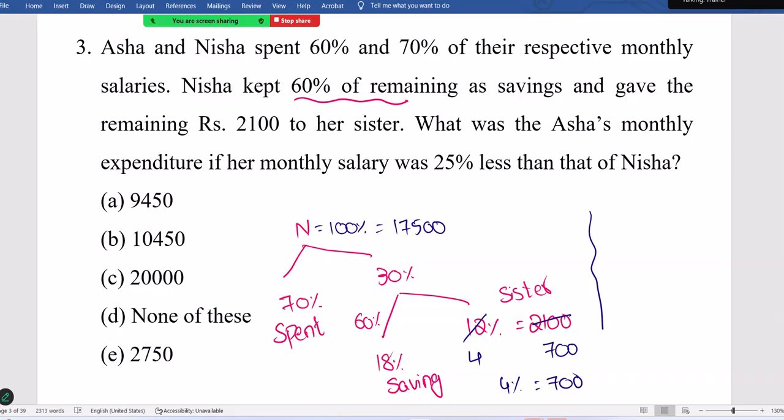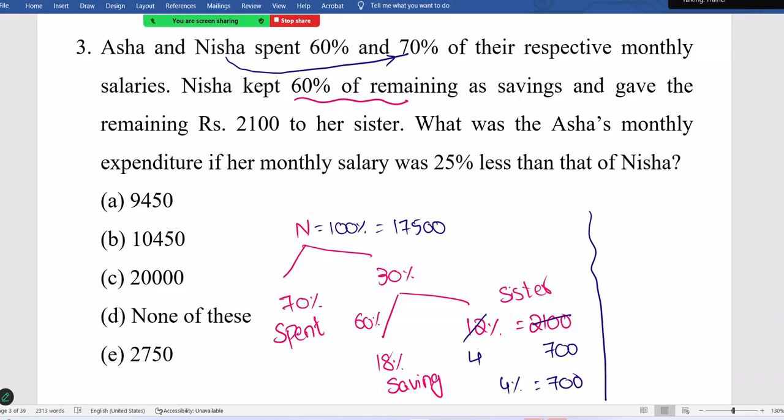So Nisha's salary is 17,500. I believe people understand so far. Nisha spent 70% of her monthly salary. Remaining is 30%. Among that, 60% means 18% for savings. Remaining 12%, 2100, is given to the sister. So Nisha's salary is 17,500.